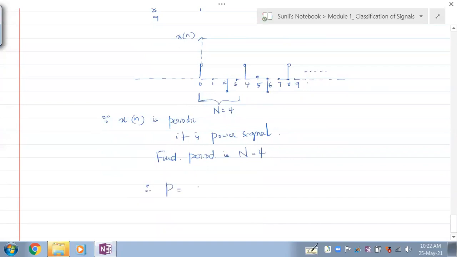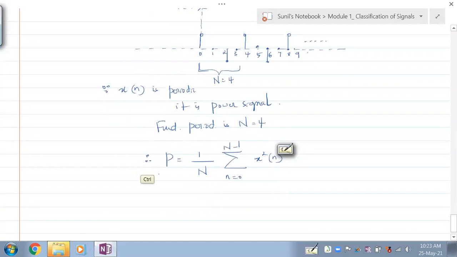So therefore we calculate the power. Power would be given as 1 by N summation, and we should not forget these equations. N equal to 0 to N minus 1. I took N minus 1 because in this summation also I need N number of samples. N number of samples are used to divide this particular equation, so we need N number of samples only in the summation also. That's why it's 0 to N minus 1, mind you. Then x squared n.